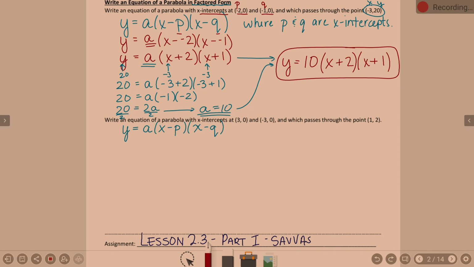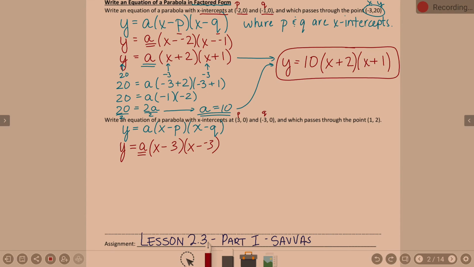P and Q are 3 and -3. So, and you can jump right in. I'm going to take it in steps here. So I have y equals A, which I don't know yet, times x minus 3, times x minus negative 3.